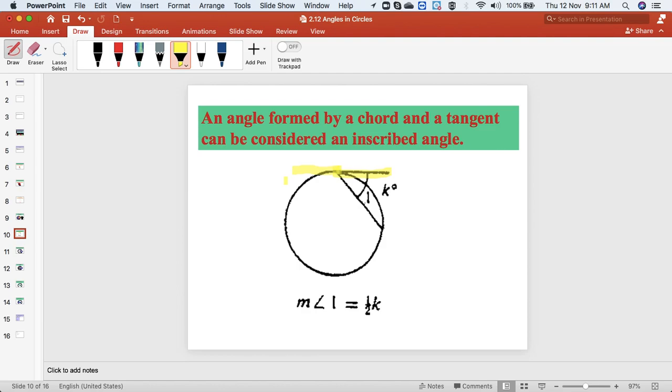We will be discussing tangents later on. So again, an angle formed by a chord and a tangent can be considered an inscribed angle, which still uses the same formula.